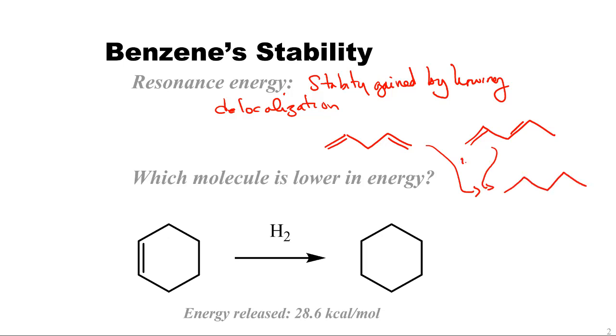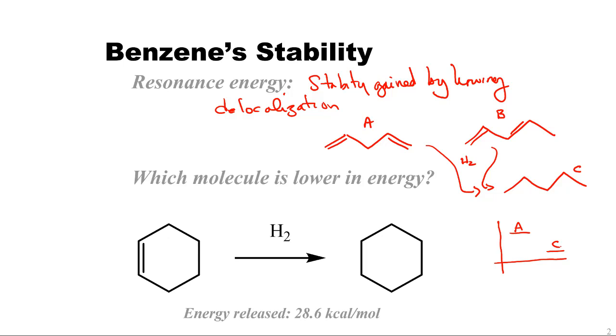So this is H2 with a palladium metal catalyst of some sort. When we do that, what we find is that the change in energy for the two compounds, let's call this A and this B, can be graphed. We have molecule A here, and then we have C down here. They have a common product, that's C.